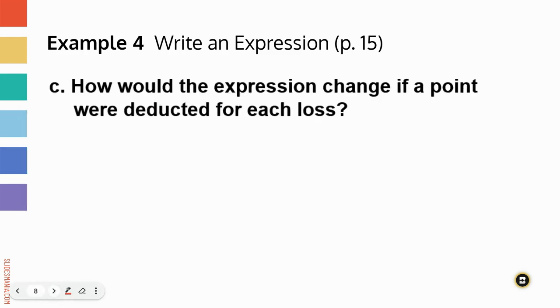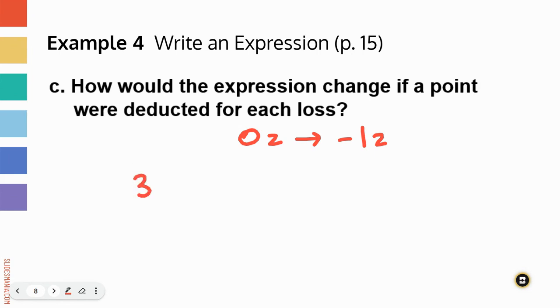And then C, how would the expression change if a point were deducted for each loss? So this is saying instead of having 0Z, now we're going to have minus 1Z every time we lose. So that would change the expression.